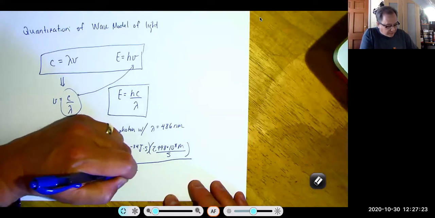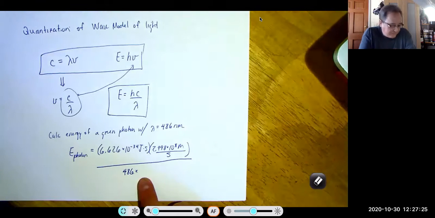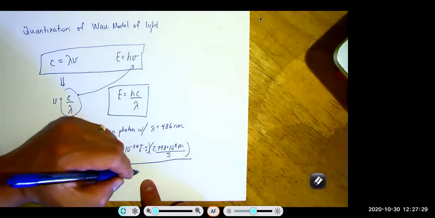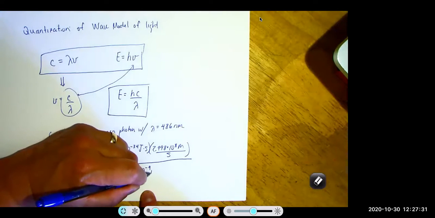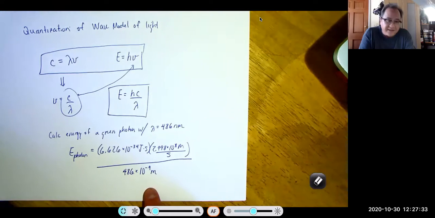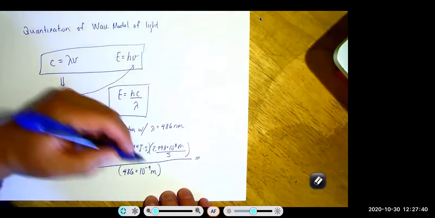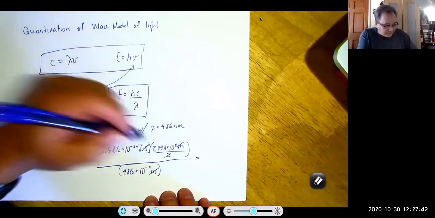And what am I going to do here? What's my trick? Do you remember? It's 10 to the negative 9. Yeah, 10 to the minus 9 meters. That way I don't need to deal with the nano. Meters cancel, seconds cancel, and we get joules.